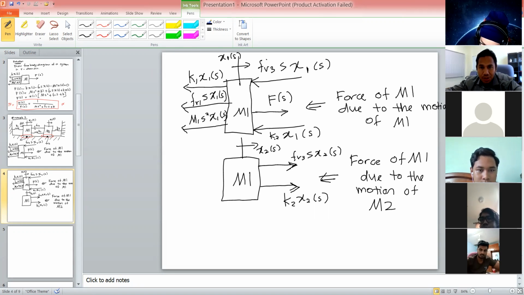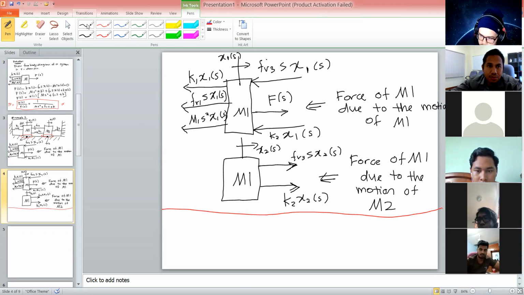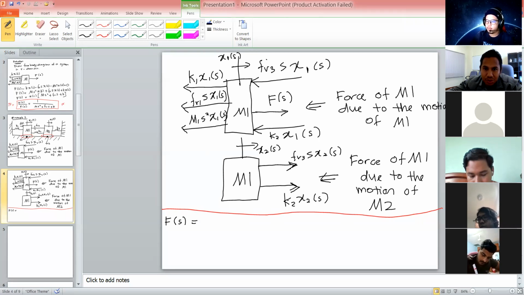So now we need to write all the forces here. Actually, it would be Fs plus FV3 and so on, minus and so on, but I just want to make it in one direction.